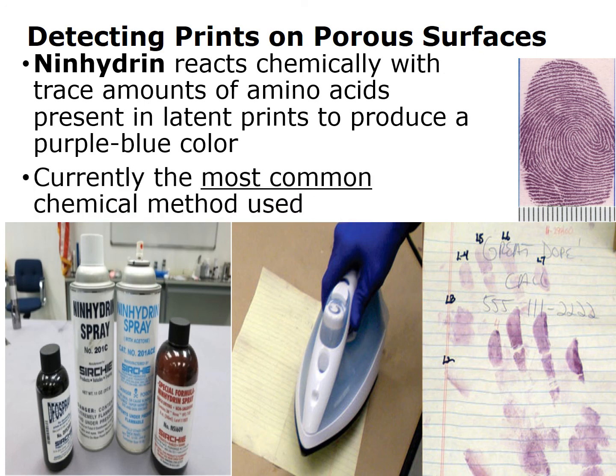Currently, ninhydrin is the most common chemical method used. So again, these chemicals are used on porous surfaces, surfaces that can absorb liquids. Ninhydrin, the most common, is often the first chemical used of several different possible chemicals.